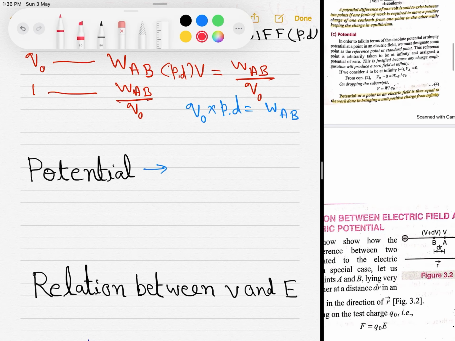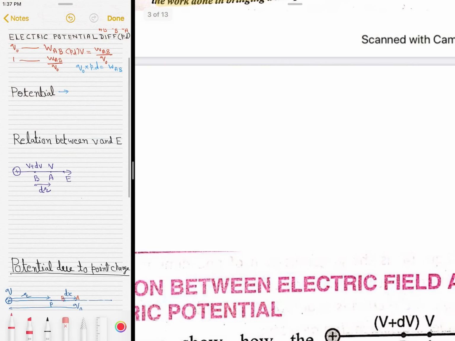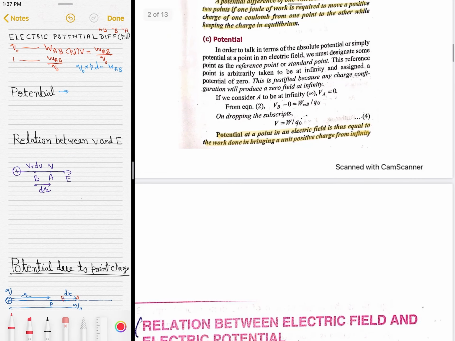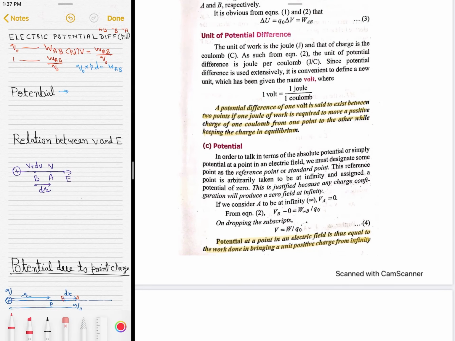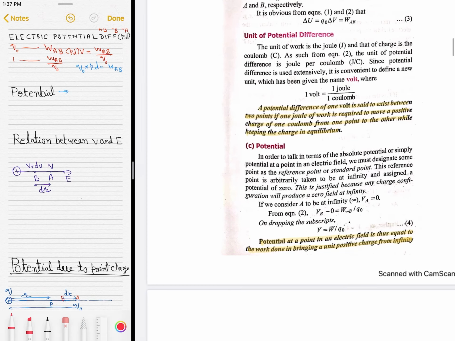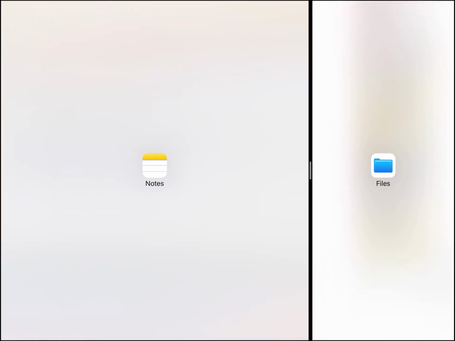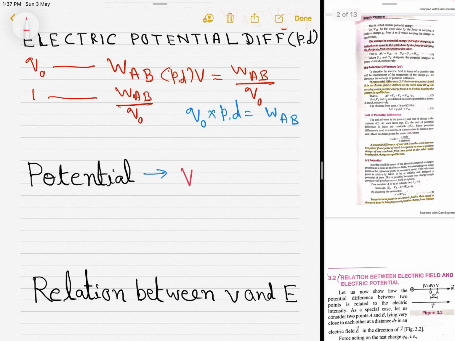Means one point is taken at infinity, such as in this we are taking one point A and another point B. Now consider that point A is at infinity. So potential difference is also denoted by V here.